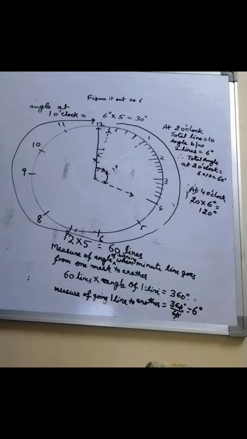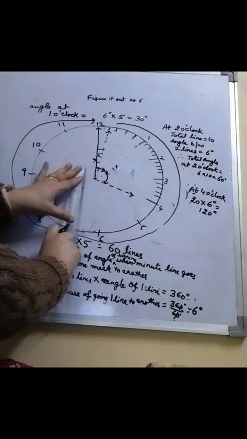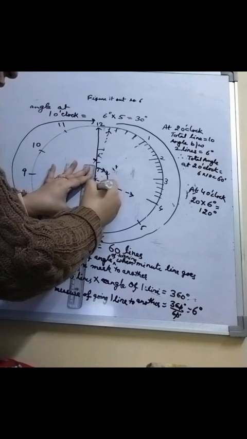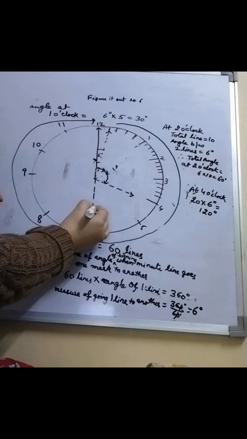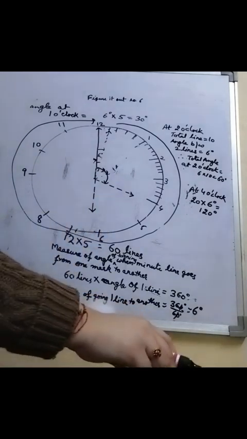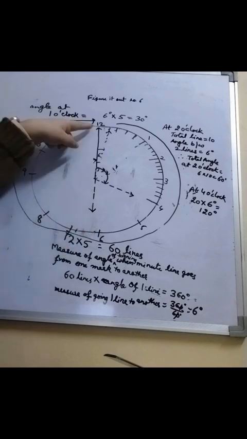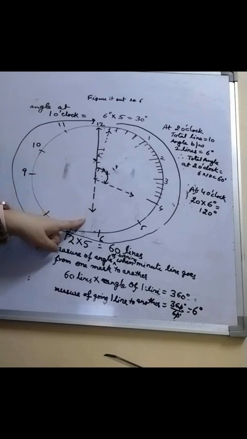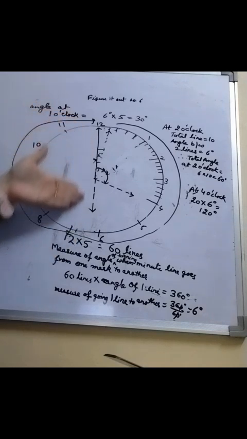What is the angle at 6 o'clock? Now when the clock reaches 6 o'clock, here this is 6, here this is 12. What is the type of line you are getting? You can only tell this by observing the figure here.